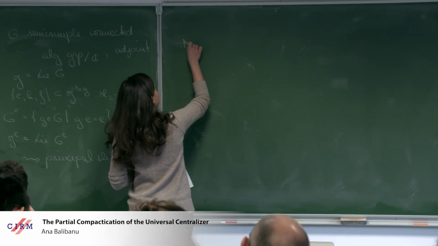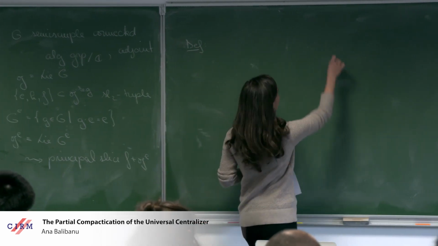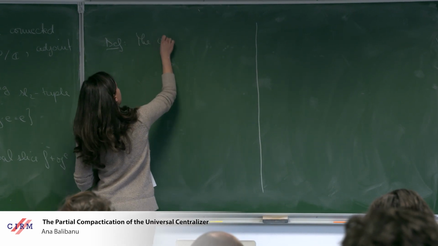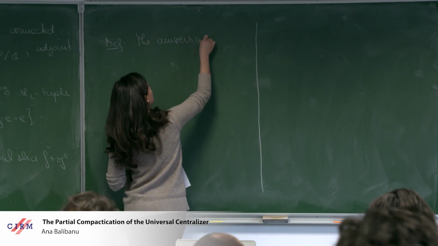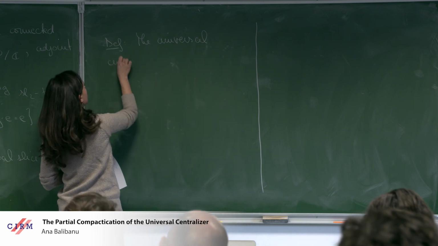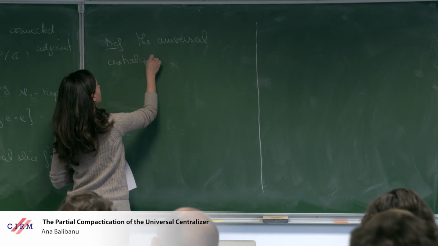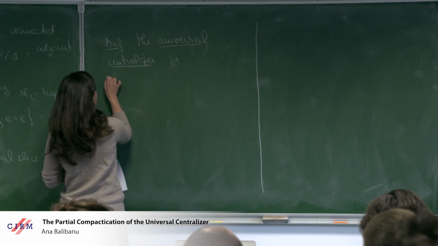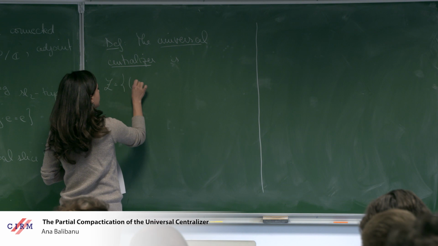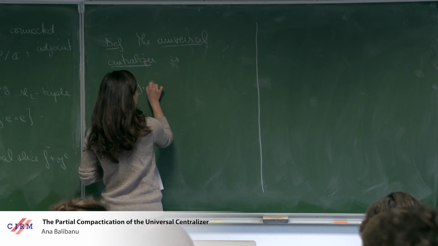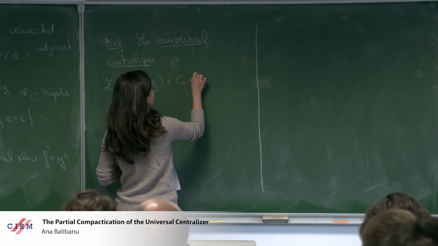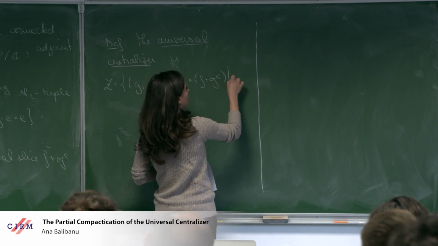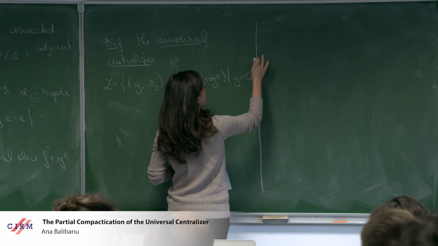And then the definition is that the universal centralizer associated to this group is the variety of pairs g in the group and c in the slice with the property that g centralizes c.